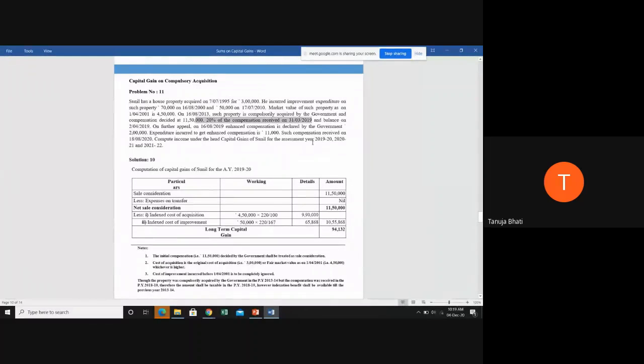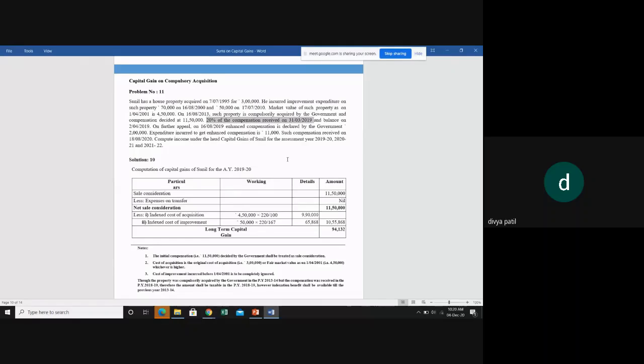31/3/2019. So students, tell me, in which assessment year is it going to be taxable? Now, if you're receiving the compensation on 31/3/2019, it means you have received it in the financial year 18-19. So it is going to be taxable in which assessment year? 2021.